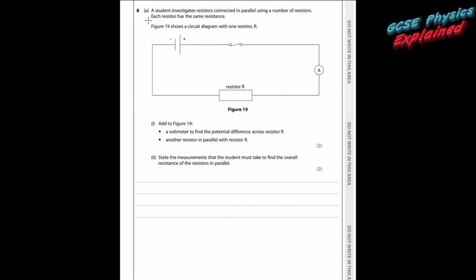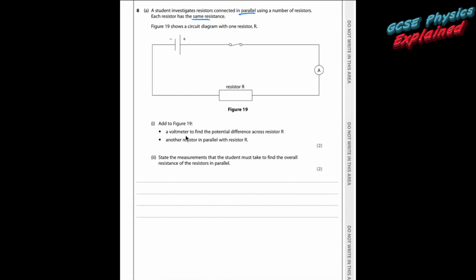Question 8. Part A. The student investigates resistors connected in parallel using a number of resistors. Each resistor has the same resistance. Figure 19 shows a circuit diagram with one resistor R. Part 1.